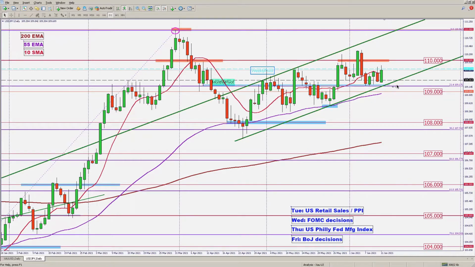Okay, support is still at this 21 fib retracement, and the resistance still at the 110 round figure. Right, and it's still holding its own above the support and inside this slightly bullish channel.